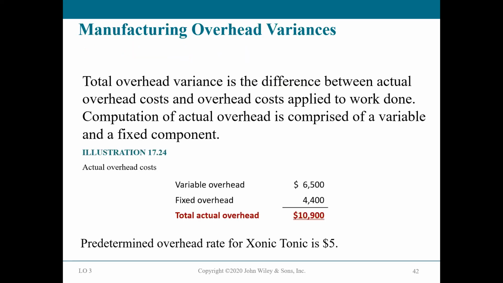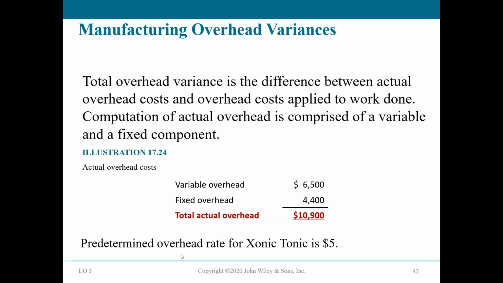Overhead. So overhead variance is the difference between actual and applied overhead costs for the work done. It is comprised of a variable and a fixed component. We're told our variable and fixed actual costs here, and we have 10,900.